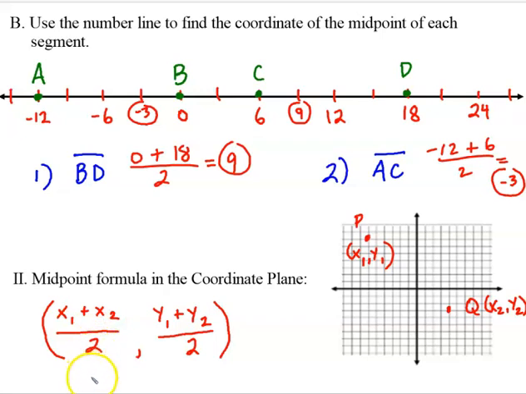And that will represent the X coordinate of the midpoint. And then we'll do the same thing with the two Y coordinates. So we'll pull out the two different Y coordinates, add them together, and then divide that sum by 2. And when we do that, we will have the midpoint of these 2 points on the coordinate plane.